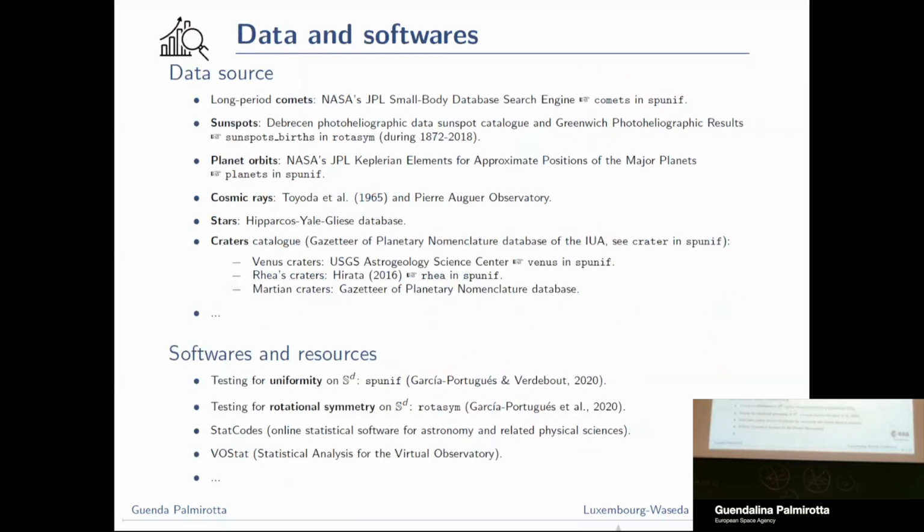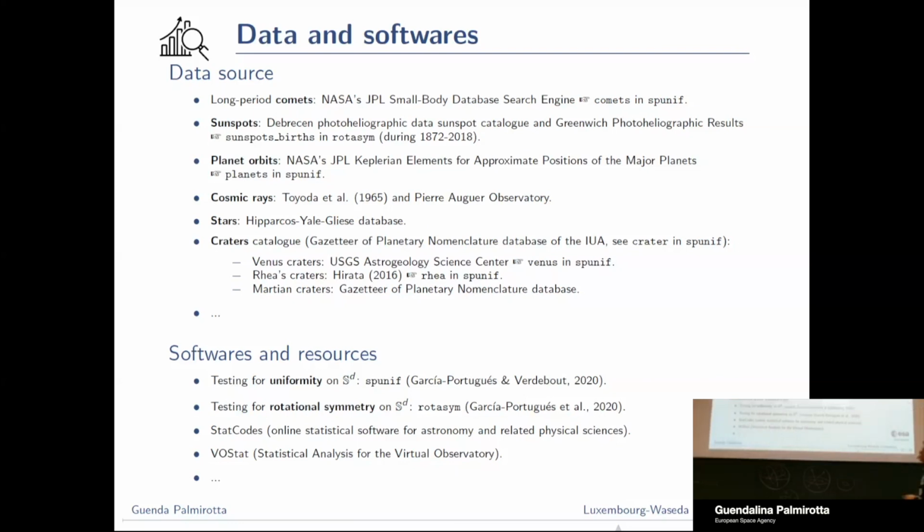What is also very important is the data. Here I listed where you can find the data. Grazia, Portuguese, Verdebo and others created this software, not the software, sorry, an R package. I don't want to list all this data, but let me pick one. For the long period comets, you have in this R package SPONIF the data named comets.